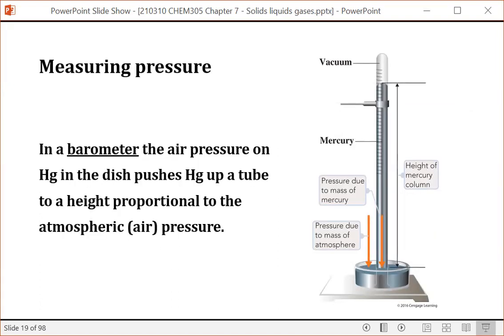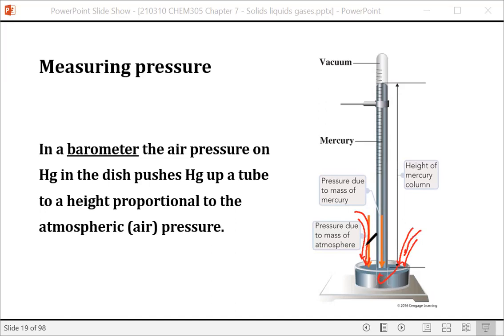When we measure pressure, we use what's called a barometer. How a barometer works is that the pressure from the mass of the atmosphere, the pressure of the air in the atmosphere, pushes on mercury inside a dish, which can cause the mercury inside a tube to go up or down.